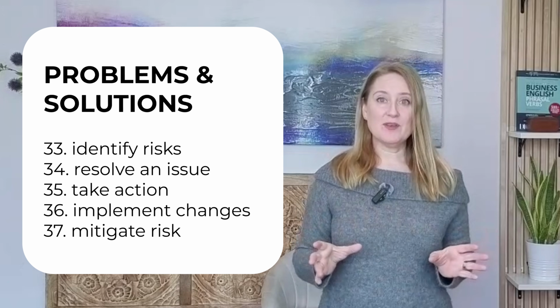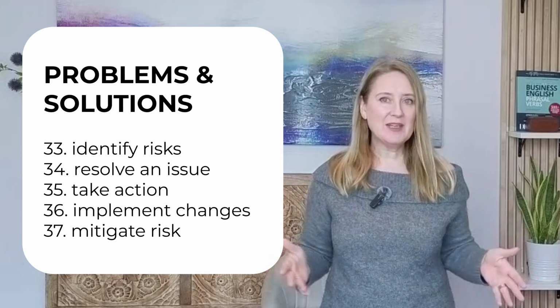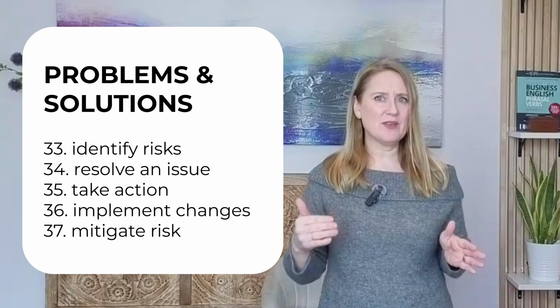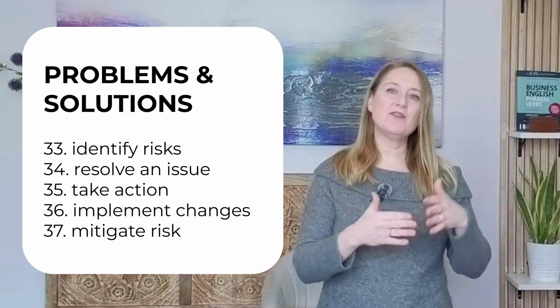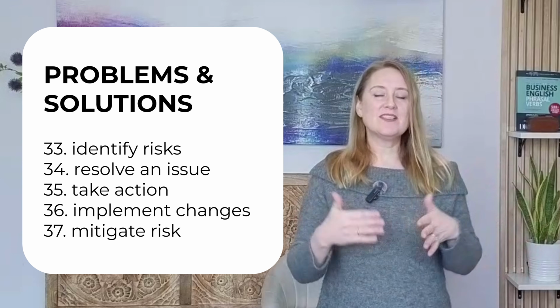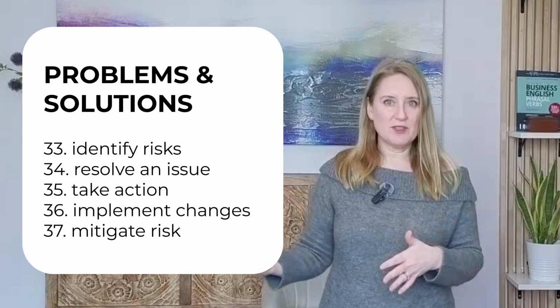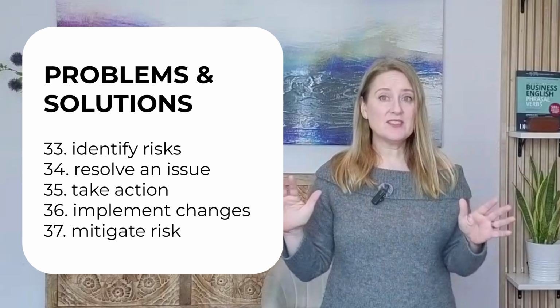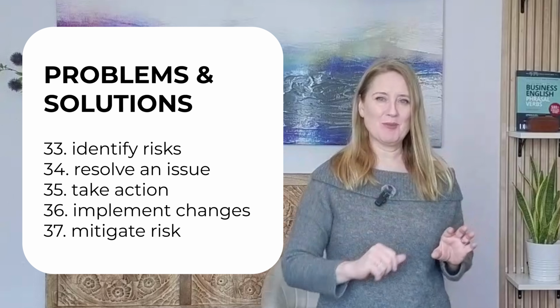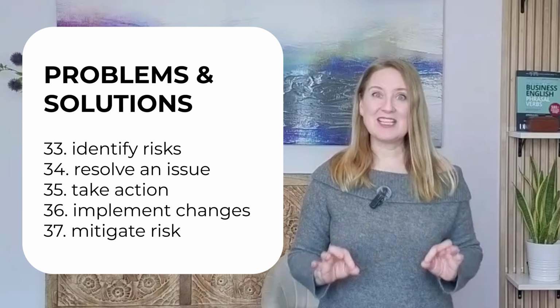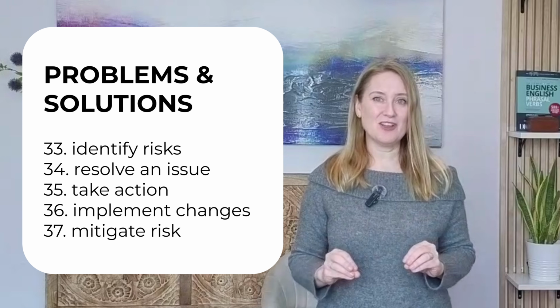So identify risks is you're going to be in a planning meeting saying, listen, we need to identify risks working in this location. We need to identify risks of expanding our budget. Let's identify the risks of working with a supplier. So you're going to look at something very objectively and go, oh, that could be a problem. So identify risks, really essential business English collocation here.